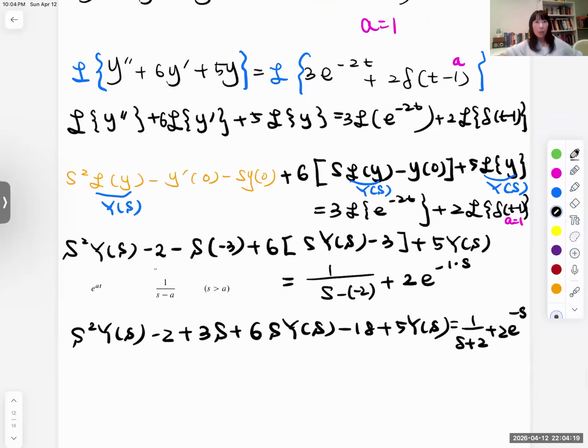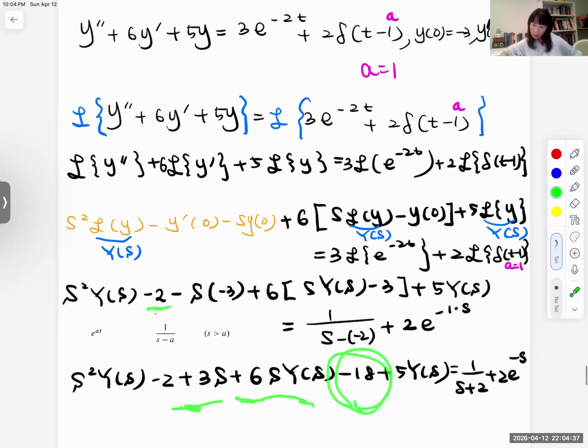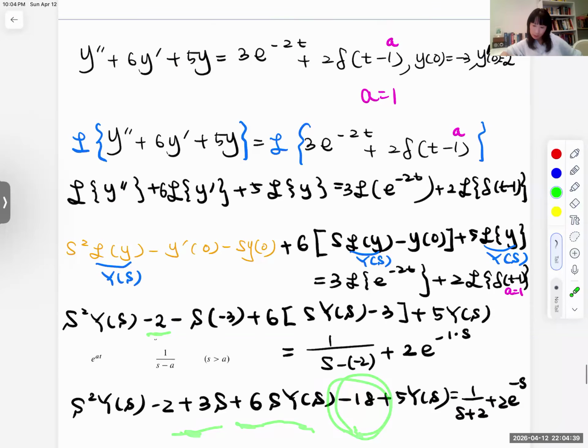Okay, so this is negative 2, and we have positive 3s and positive 6s Y of s. And in that case, it's a positive 18. Why is this positive 18? We have a positive 6, and we have y of 0 equal to negative, negative.